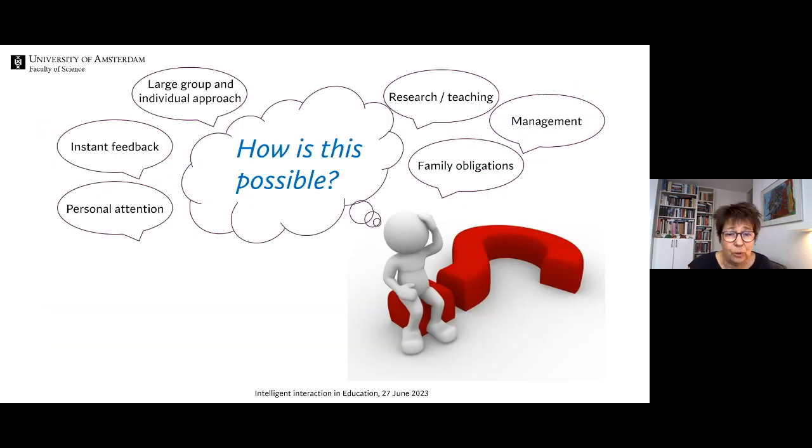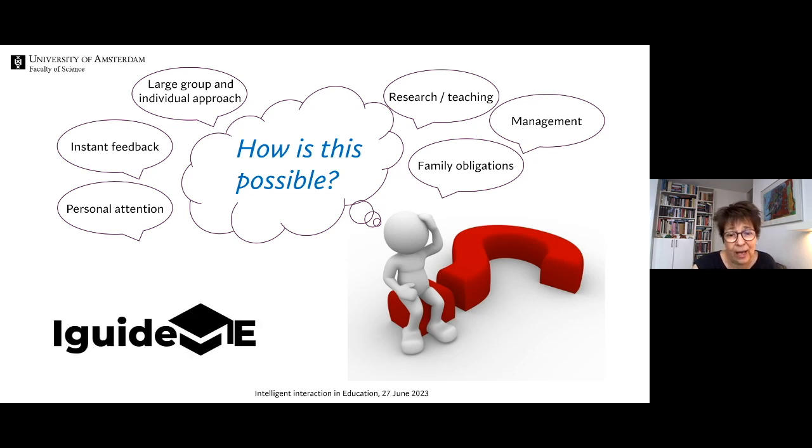How is it possible to have a large group of students and such an individual approach? Giving instant feedback, personal attention, and at the same time being a scientist doing research and having family obligations and even management. Well, it can be done if you use IguideME.